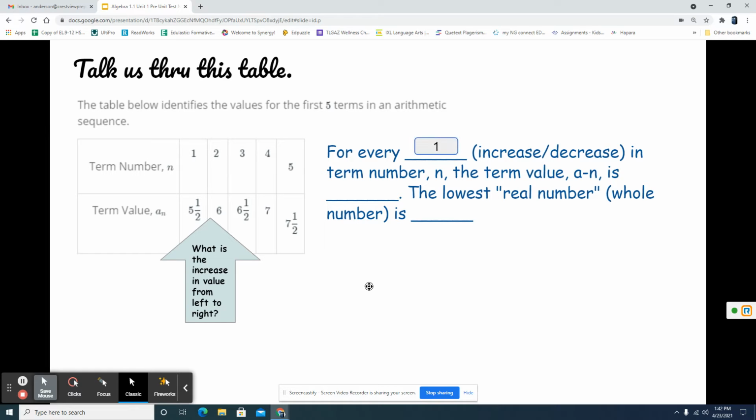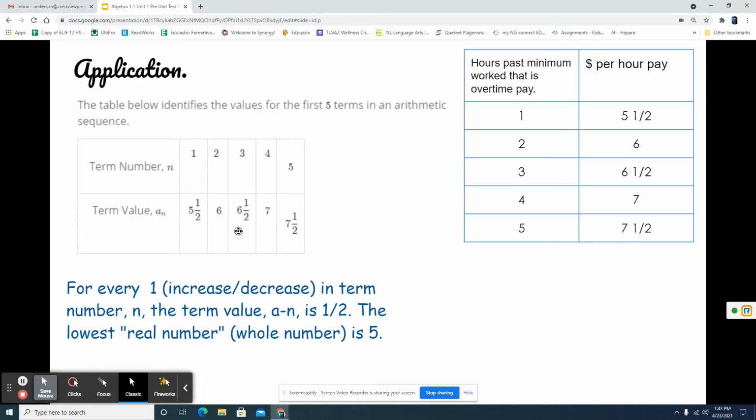For every 1 increase in term number n, the term value a n increases by 1/2. The lowest real number is 5. For every 1 increase in our term number, the term value a of n increases by a half, 5.5 to 6 to 6.5, with our lowest real number in our term value as 5, because we're starting at 5.5.